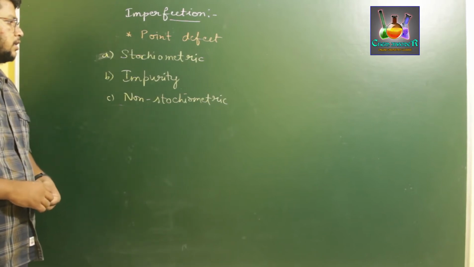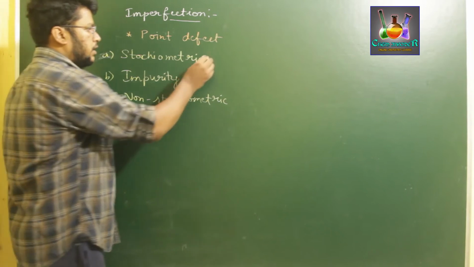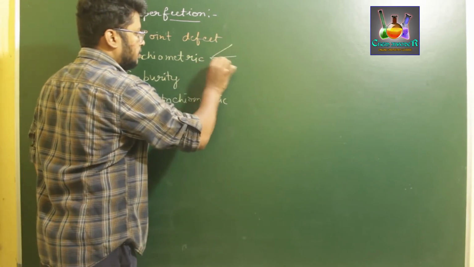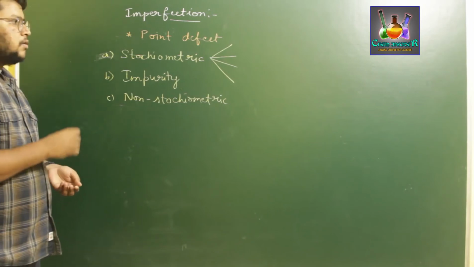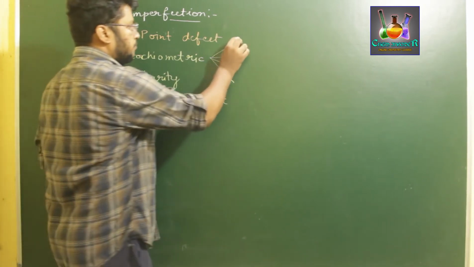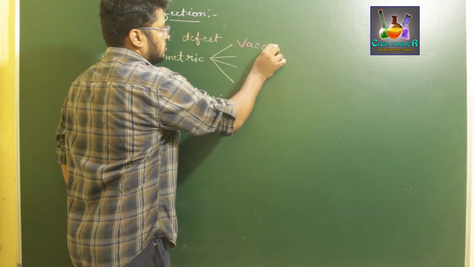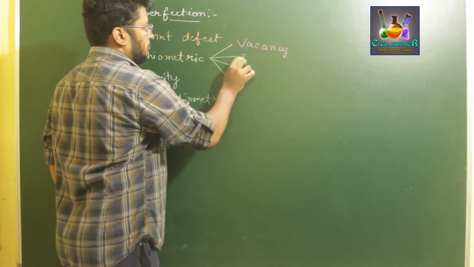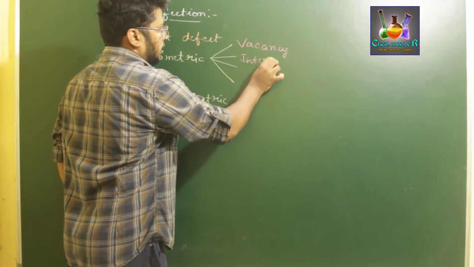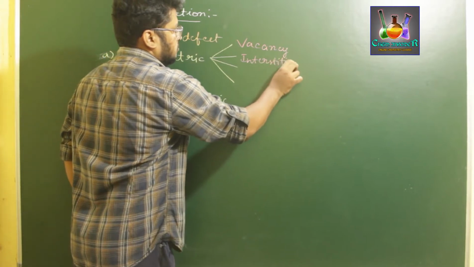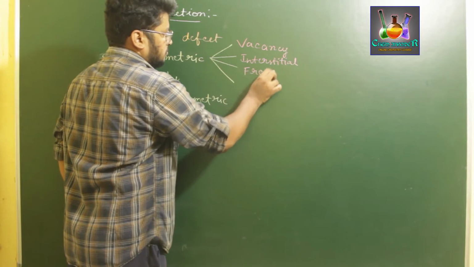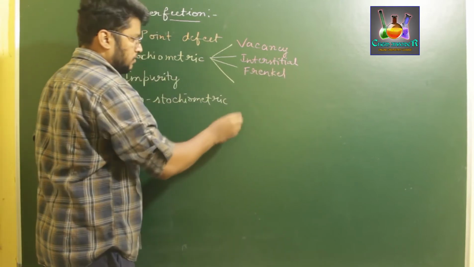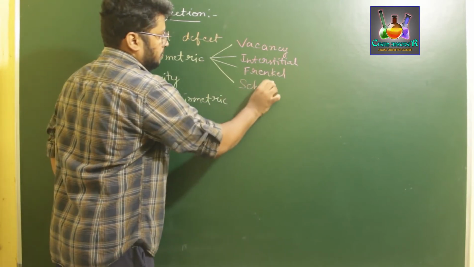Out of these three, stoichiometric defect is further classified into four types: vacancy defect, interstitial defect, Frenkel defect, and the last one is Schottky defect.